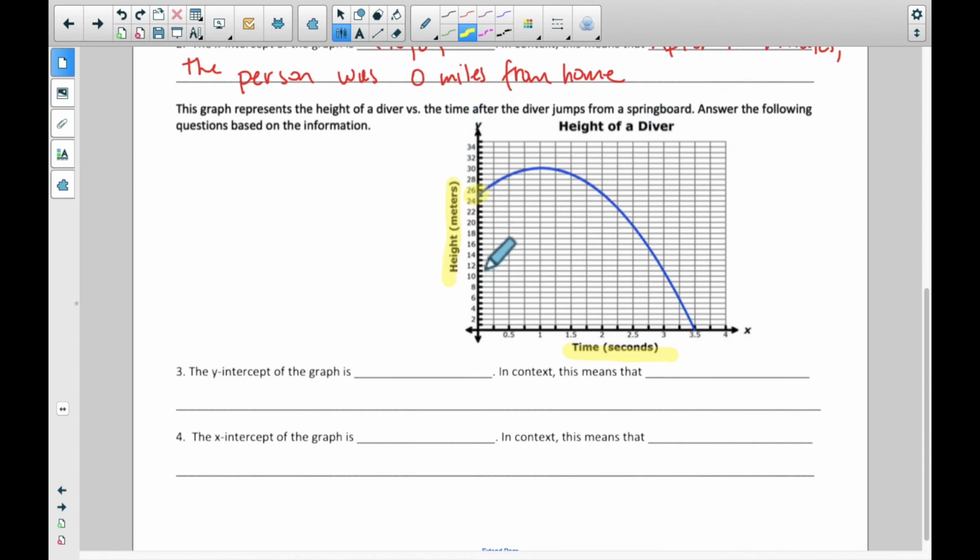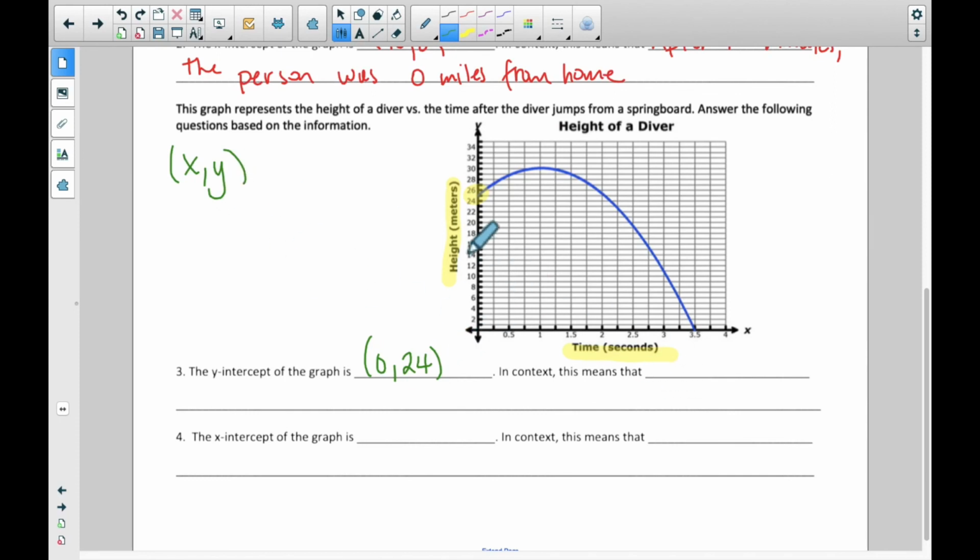Okay, the y-intercept of the graph is here. That's what we've been talking about. It's hard to read, isn't it? I'm going to say 24 meters. So for the y-intercept, we always start with a 0, and then we say 24, because remember we have x and then y. So the y is the 24.